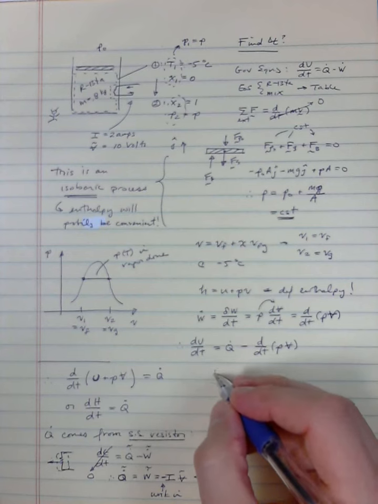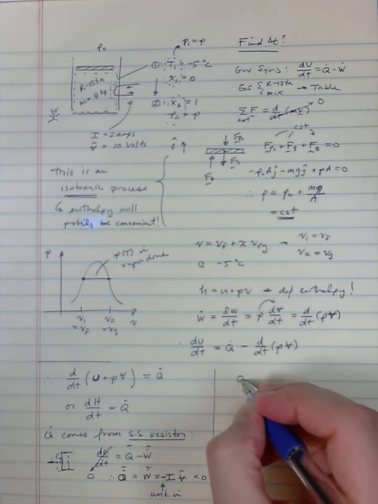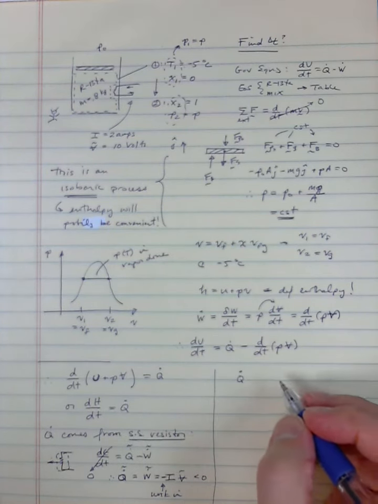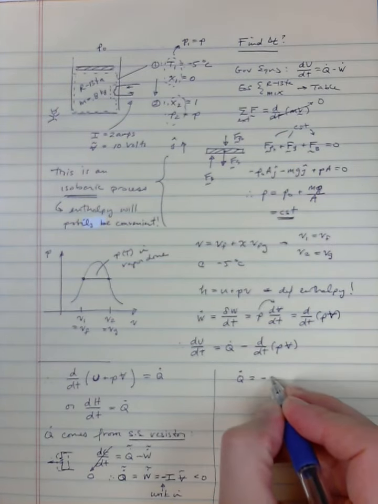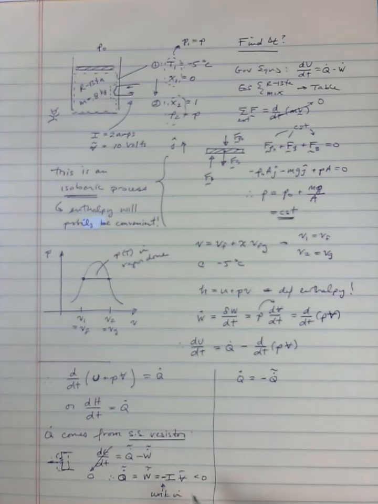So we could say that the heat transfer rate into the R134A is minus the heat transfer rate out of the heat transfer rate due to the resistor.